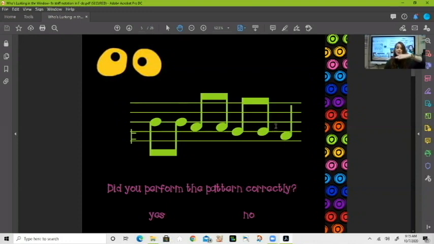If it goes to the next space, that's our mi. Goes to the next line, that's our fa. And if it goes to this third space, that's our so. We won't see anything written on these top lines up here because we haven't gotten that far yet, okay? All right, so that means that our starting note, because it starts on the third line from the bottom, has got to start on our fa.